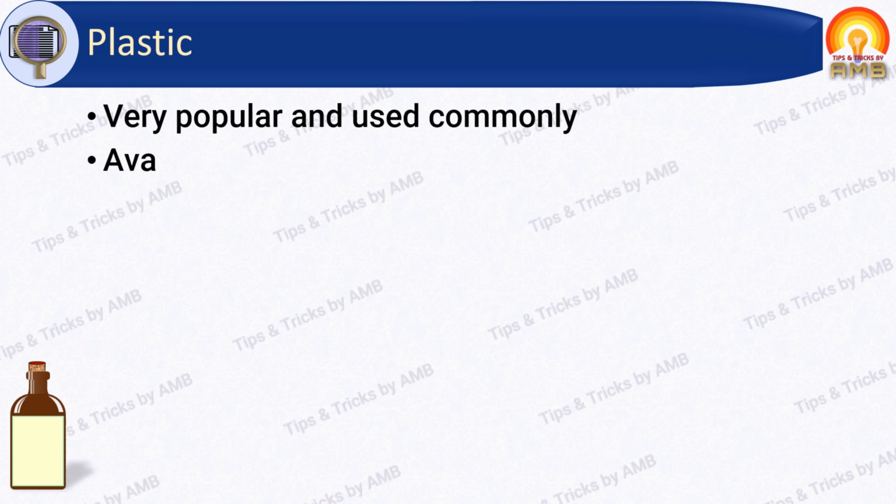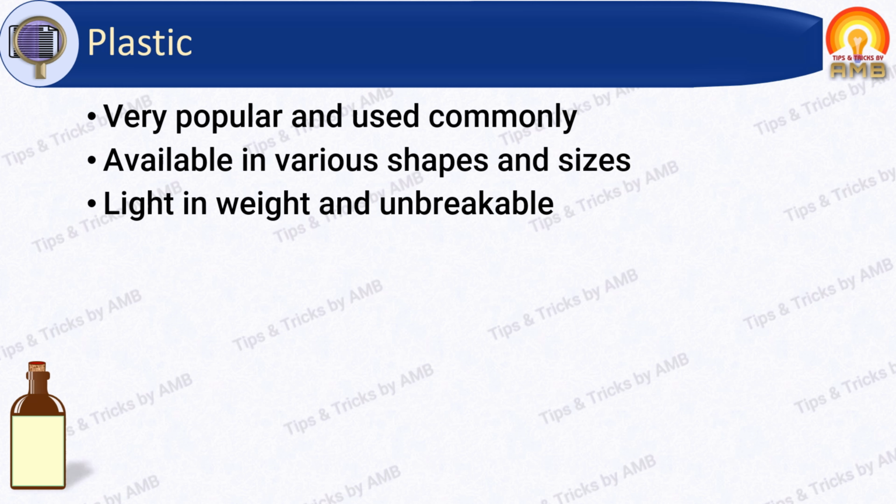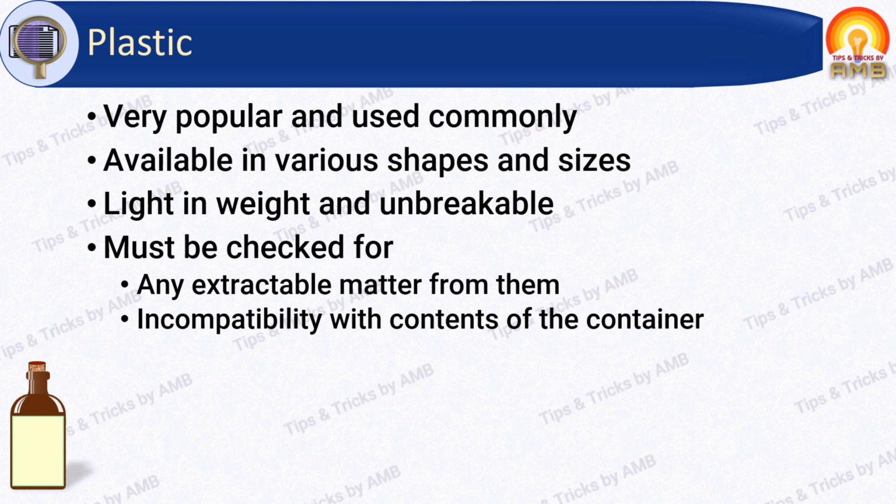They are available in various shapes and sizes. The important advantage of these closures is they are light in weight and unbreakable. These closures must be checked for any extractable matter from them and also incompatibility with the content of the container.